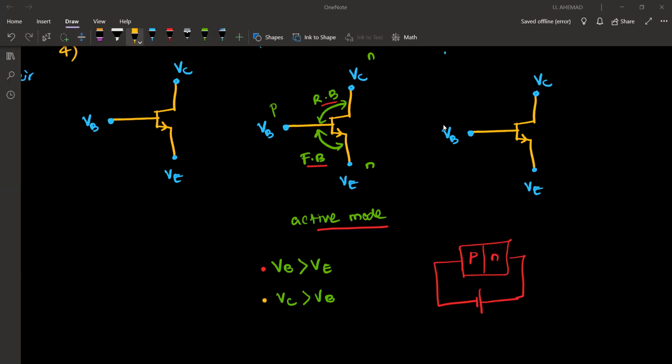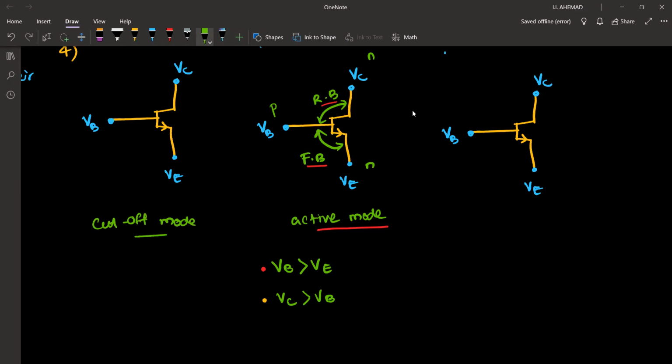Okay. Now let's look at the cutoff region. Cutoff mode. If this is not forward biased, then it is in the cutoff, right? So this has to be reverse bias, no doubt with that. If this is not forward biased, that means if it is reverse biased or it is not biased, in that situation it is in the cutoff mode.